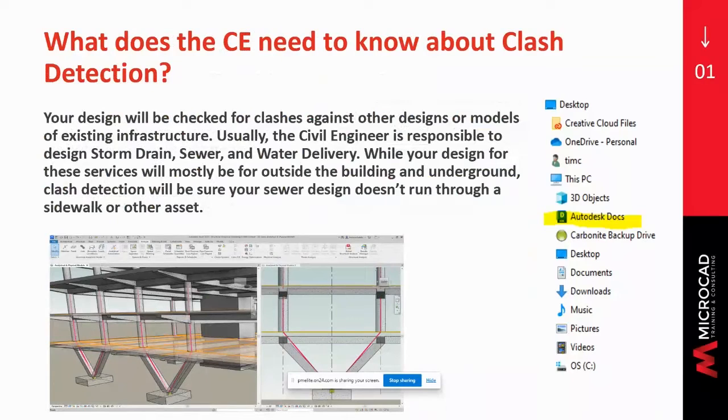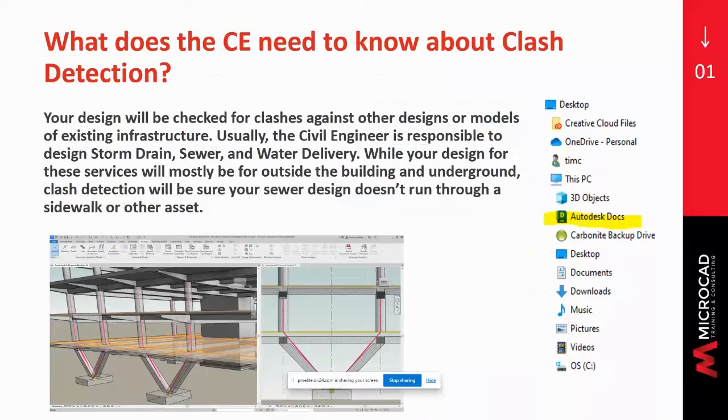Which is usually you're connecting to some location outside the building. So you don't really have to worry about designing your storm drain through an elevator shaft, as an example, because you're connecting outside the building away from all those, okay?